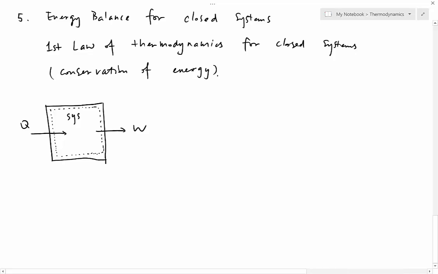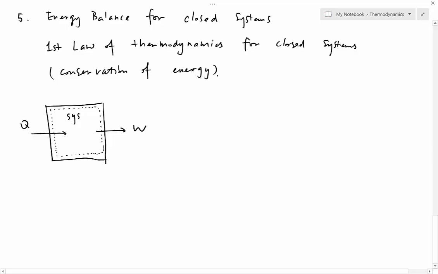Okay, and then we're very close to the equation now. You can think of Q as deposit and W as spending, your system as your bank account balance. So for example, let's say you earn 10 bucks, you deposit 10 bucks into your account, which means Q is equal to 10 bucks.